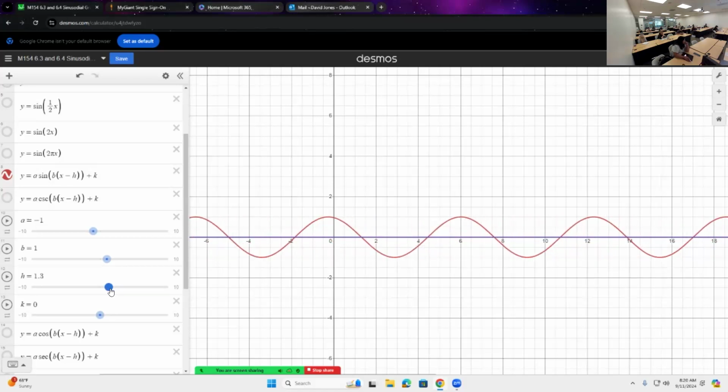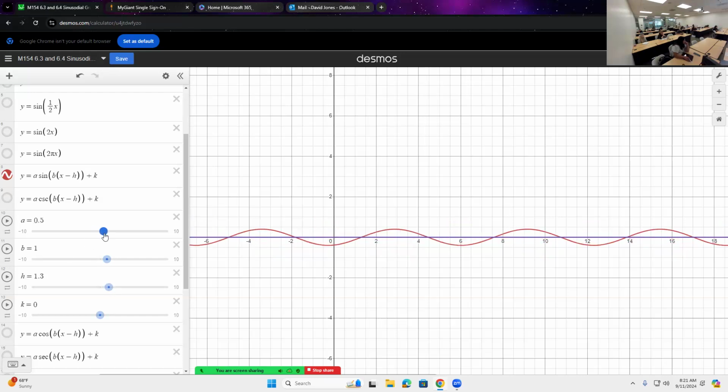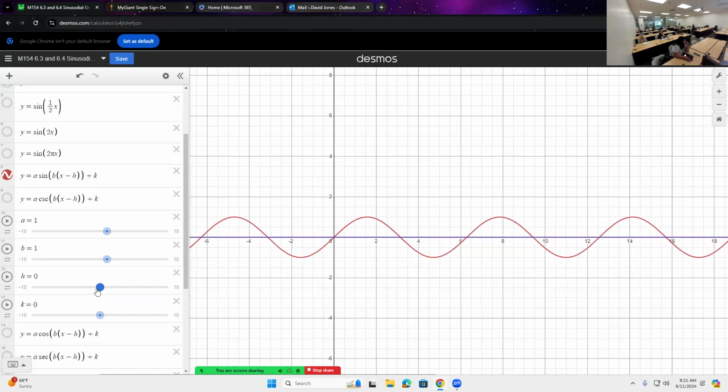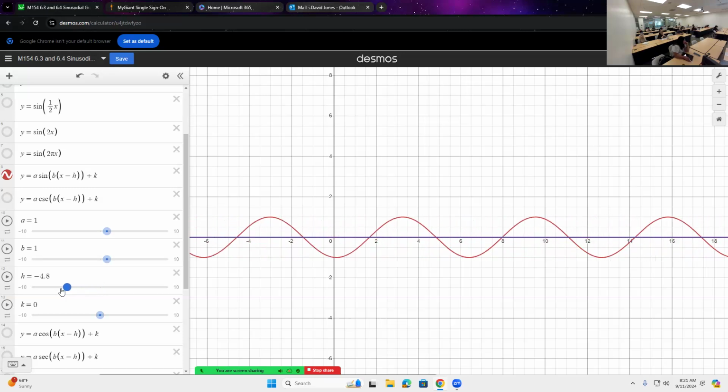If you had the x minus h inside of a function, having a positive h moved it right, having a negative h moved it left. So if we make h negative, I'll put this back to a equals 1. We have h go negative. Let's go back to 0. As h goes negative, the graph is shifting to the left.